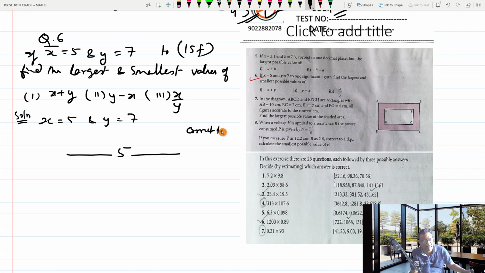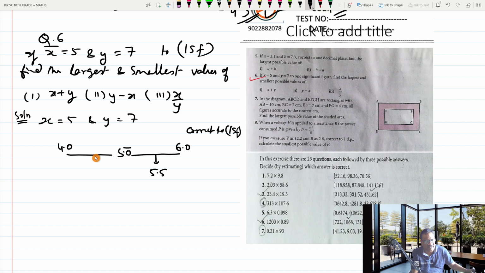Now this is 5. Rather, you take it as 5.0. Now 5 is a number correct to 1 SF. What will be the upper bound? 1 SF means here you'll have to take 6.0, here you'll have to take 4.0. Go half the way of this, so this will be 5.5. Go half the way over here, this will be 4.5.